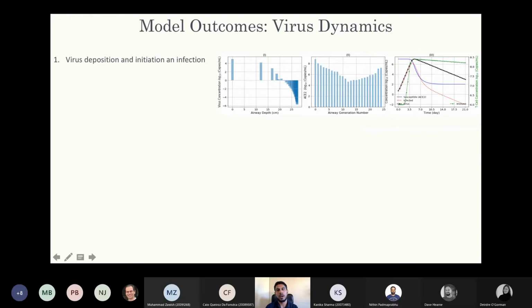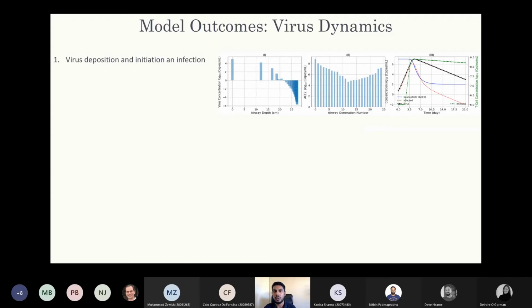So this figure shows how the virus initially deposits on our airway tract, and then the initiation of the infection. You can see in the first figure, the majority of virus deposits on the upper respiratory tract compared to the lower respiratory airway generations. And then the second figure shows the variability in receptor cell density along the airway tract.